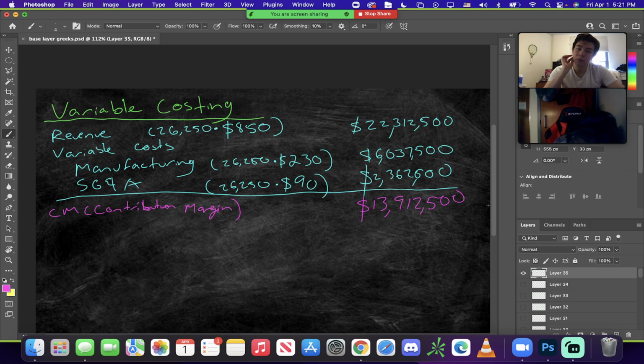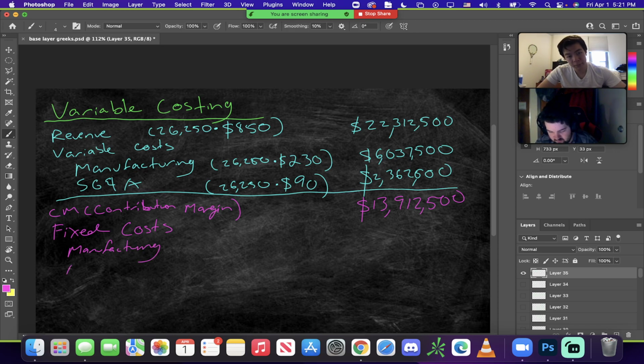Let me write this down real quick. Then we do the fixed costs. And what fixed costs do we have? The manufacturing, administrative, and marketing. And those are just given numbers, right? Yep.